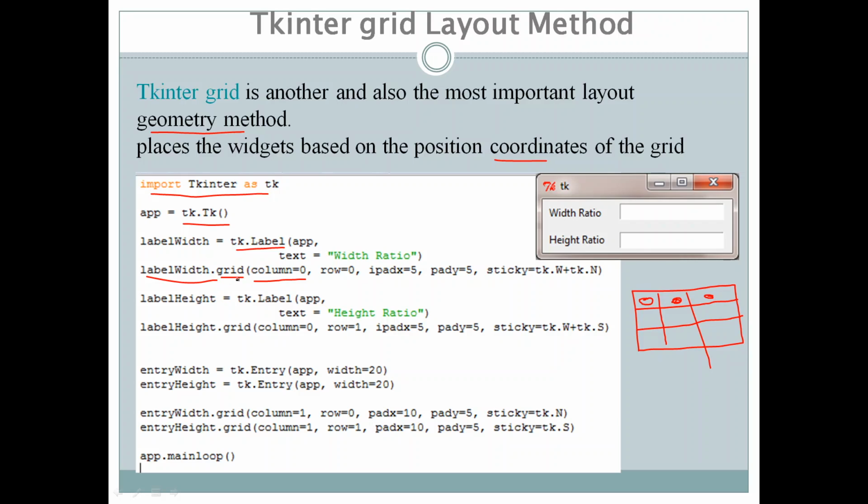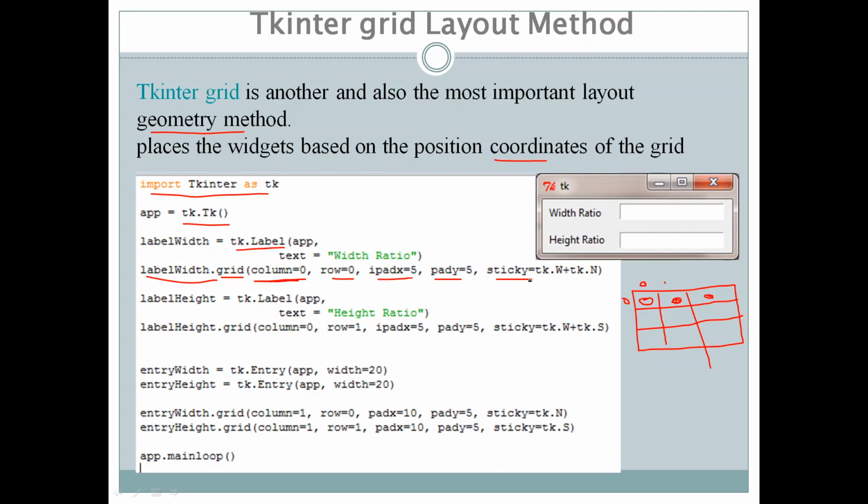In the first component's grid, we have specified column index as 0, means 0th column. So this is our 0th column, remember, and this is the first column, like that, and this is the 0th row. So at 0th column, 0th row, we have to add this label width component, and we have also specified ipadx, ipady, these things which we have studied earlier.